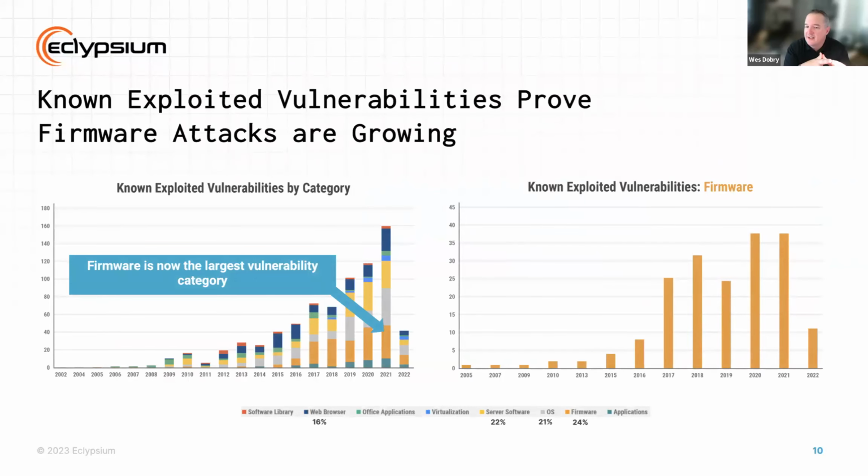So one of the things that we've found, taking a look at things like CISA, or the Cybersecurity Infrastructure Security Agency's known exploited vulnerabilities report, is that over the last few years, the actively exploited vulnerabilities out in the wild are starting to fall into different categories. And what we've seen is an emerging category, and is now actually the largest vulnerability category with known in the wild exploits, is actually firmware.